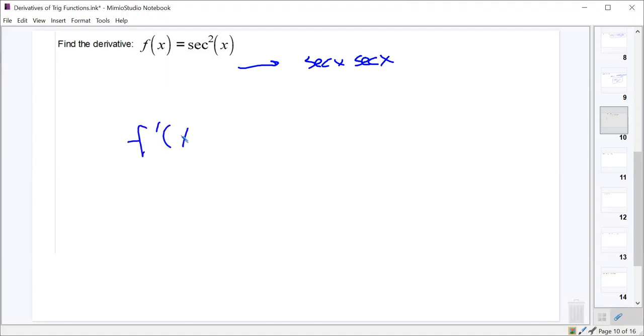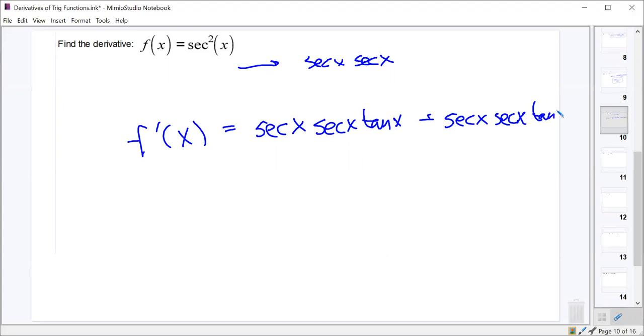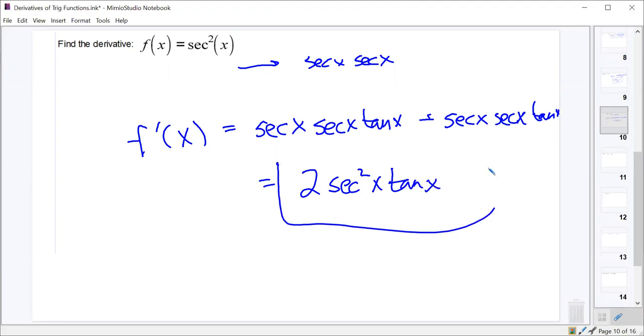So f prime of x should be first function times the derivative of the second function, plus the second function times the derivative of the first function. So we've got secant squared times tangent plus secant squared times tangent, which is 2 secant squared x tangent x. Good or no?